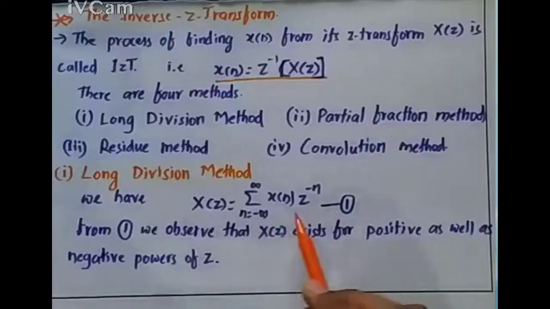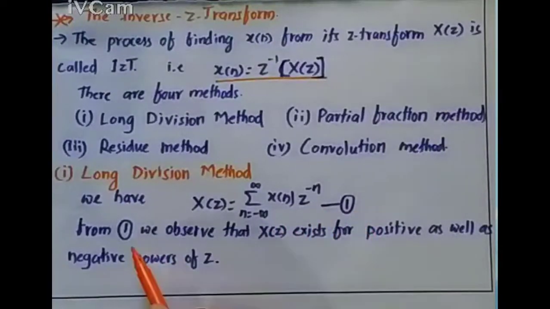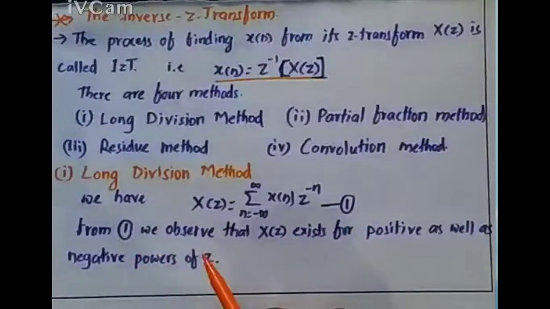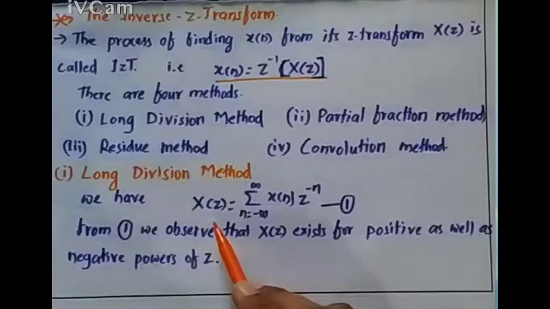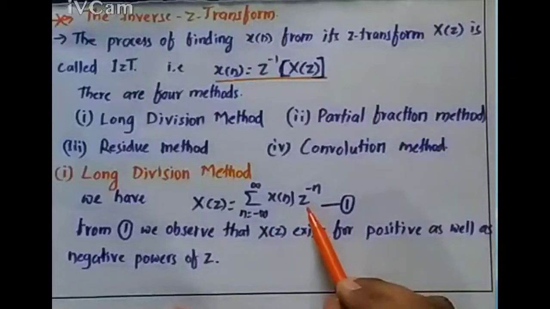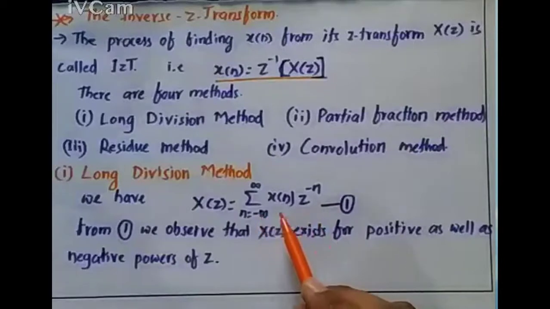From equation number 1, we can observe that in whatever X of z expression there is, the z term will have both positive as well as negative powers of z, depending on the values of n.